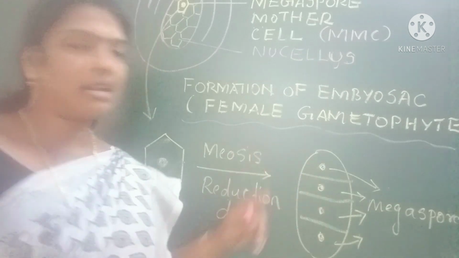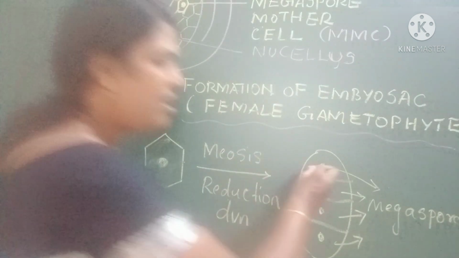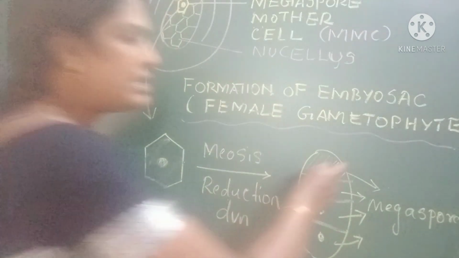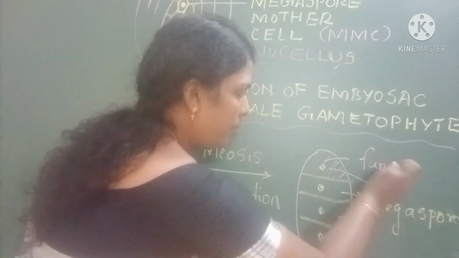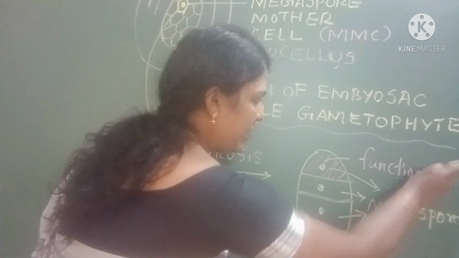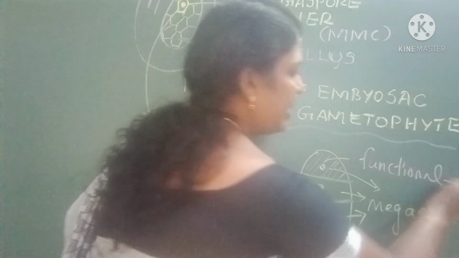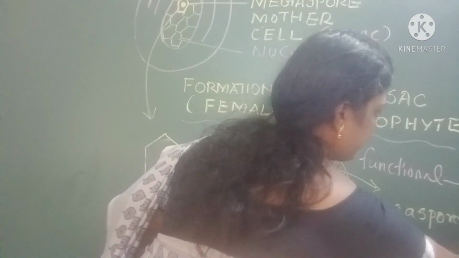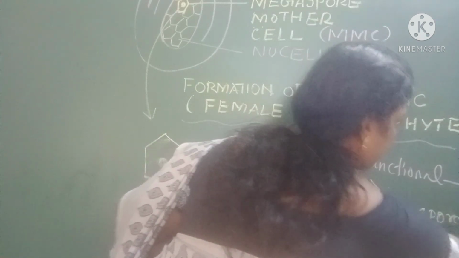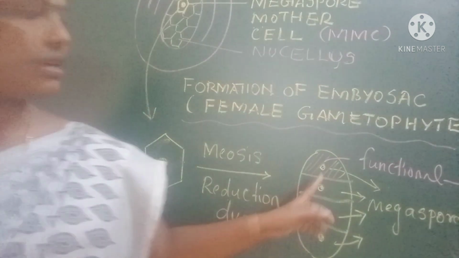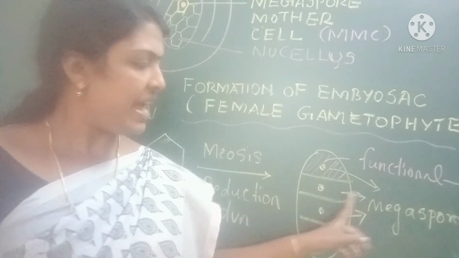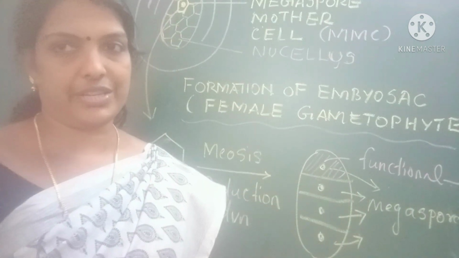And this functional megaspore, suppose this is the functional megaspore, will develop into which one? The female gametophyte. Clear? So this functional megaspore will develop into the female gametophyte and these 3 will degenerate.